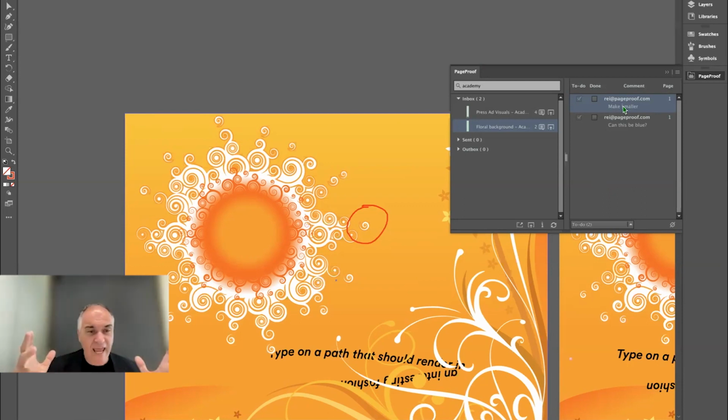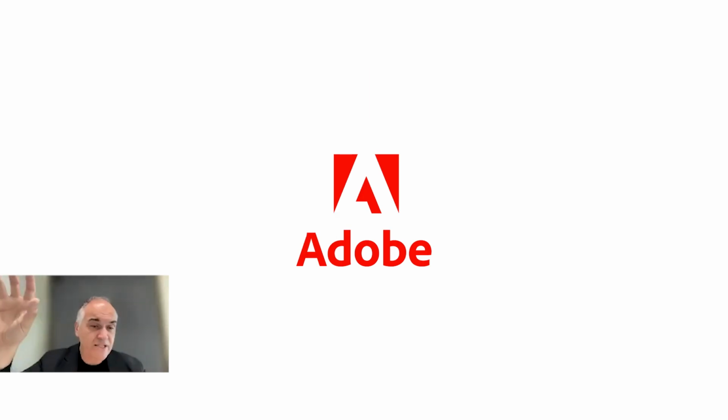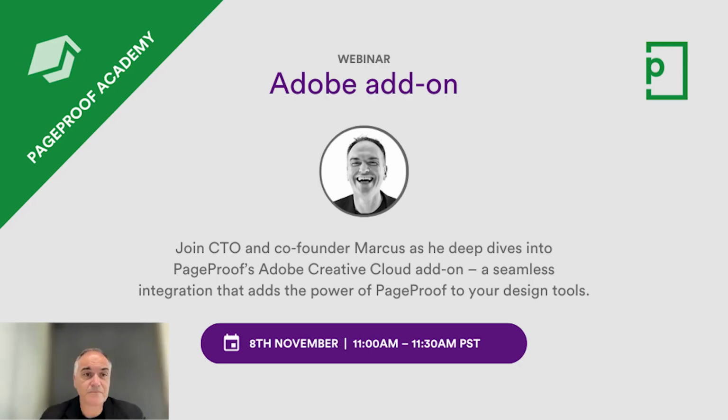So just to recap this, the Adobe plugin is available for all of your Adobe creative applications, being InDesign, Illustrator, Photoshop, then the video applications, Premiere Pro and After Effects, and also InCopy as well, are all supported. You install it directly from the Adobe store, so you can go through and do that.